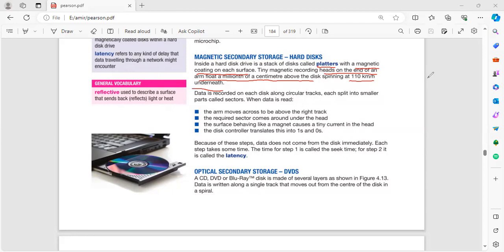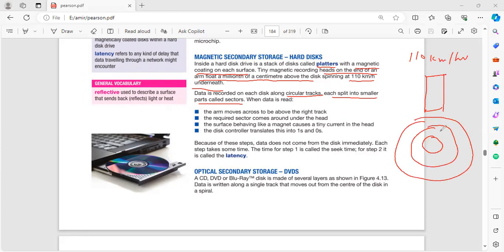Sorry, spindle speed. There is a spindle that moves, and when the spindle moves, the platter also moves. Data is recorded on each disk along circular tracks, split into smaller parts called sectors. On a plate you will find a number of circles.